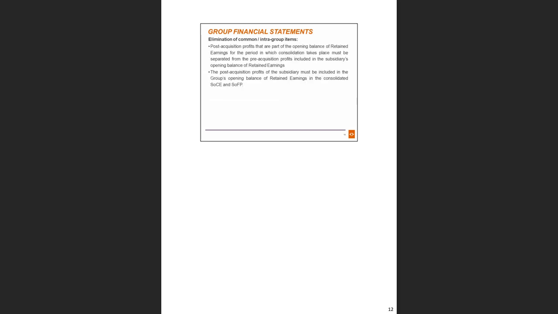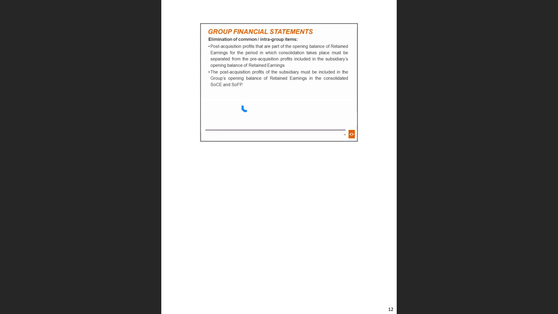the post-acquisition profits that are part of the opening balance of retained earnings for the period in which the consolidation takes place need to be separated from the pre-acquisition profits included in the subsidiary's opening balance of retained earnings. Okay, so that just says that the post-acquisition profits could be profits for a few years, because perhaps acquisition took place 2 years ago.